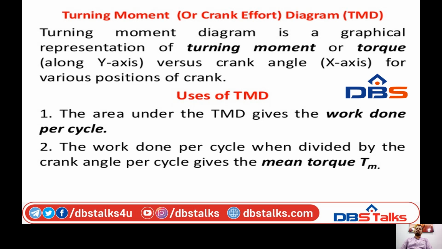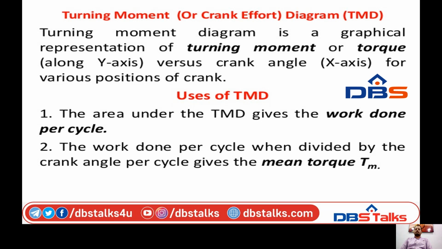Then coming to the uses of the crank effort diagram. The uses of the crank effort diagram and the turning moment diagram are the same. We calculate the area, which gives the work done per cycle. So the TMD gives the work done per cycle by the crank.